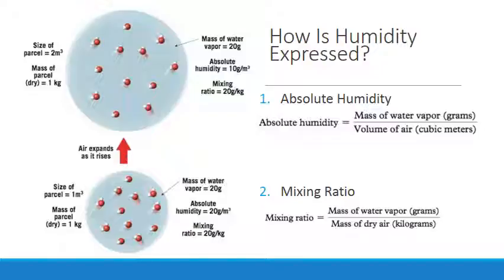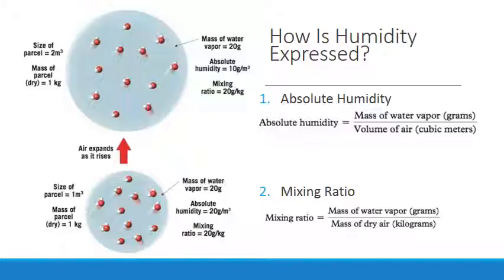Okay, now let the balloon go and watch what happens as it rises in the atmosphere until it doubles its volume. Under these conditions, we can see that the balloon is now 2 cubic meters in volume, that it still weighs 1 kilogram, and that it still contains 20 grams of water vapor.